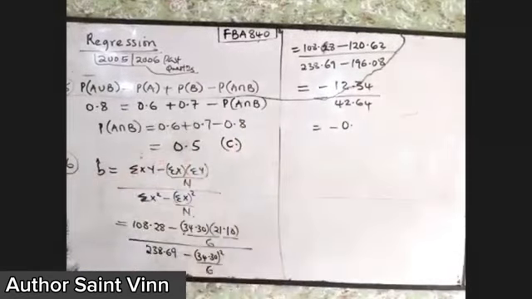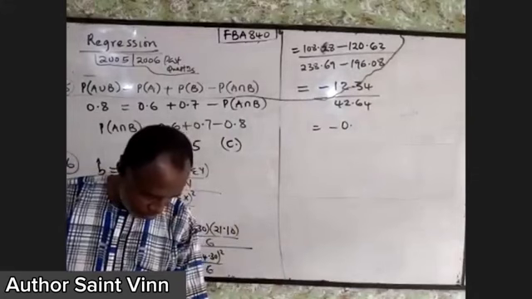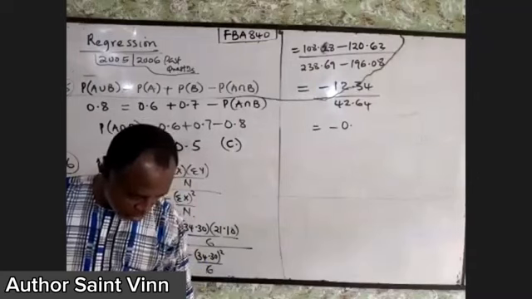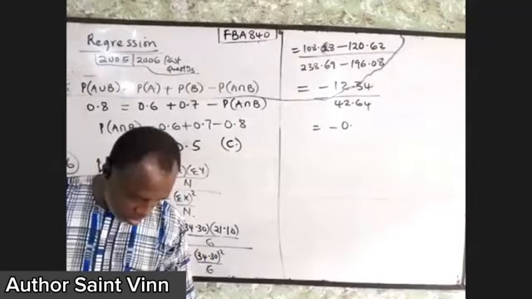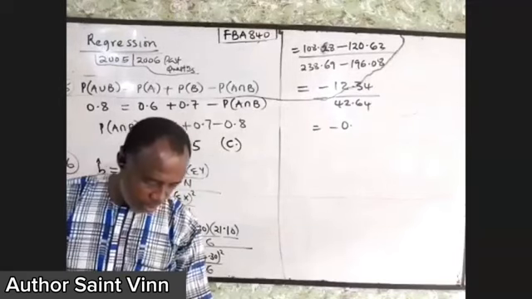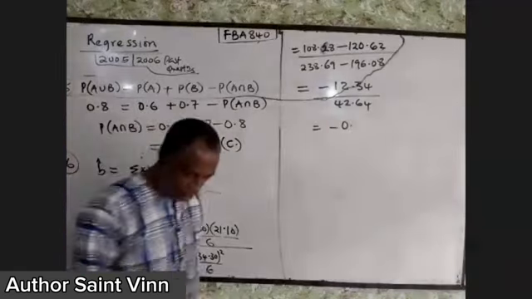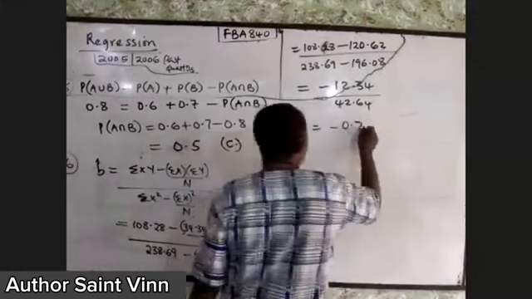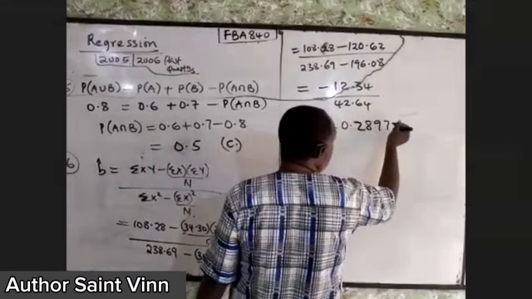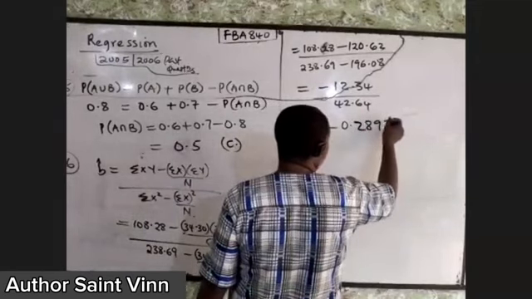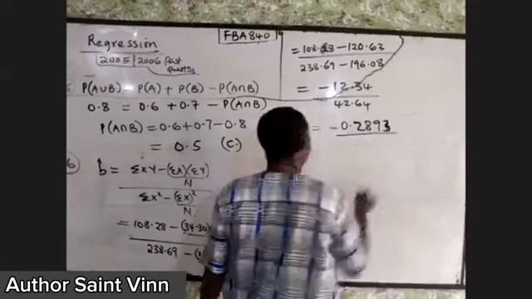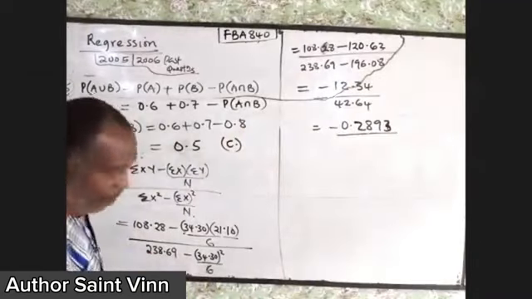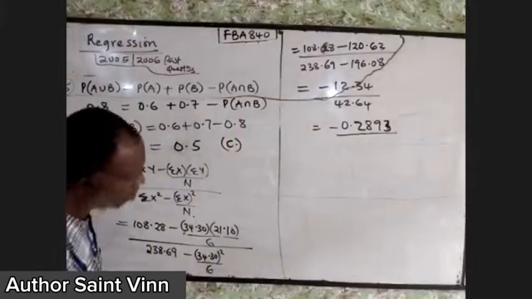It's either B or C. 0.28. Okay, we can still manage that. 0.2897. Or 9, what? 3 again? Yes, 9. Okay, you can still manage this one, and the value is close to 0.2979.